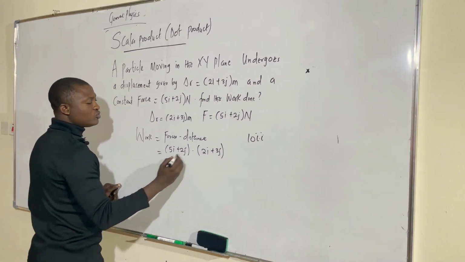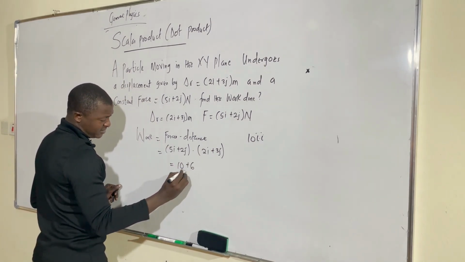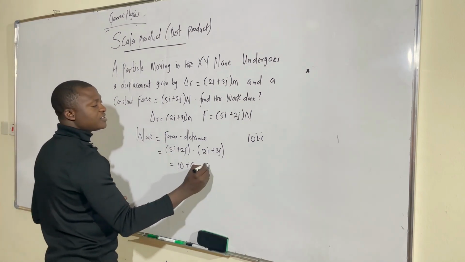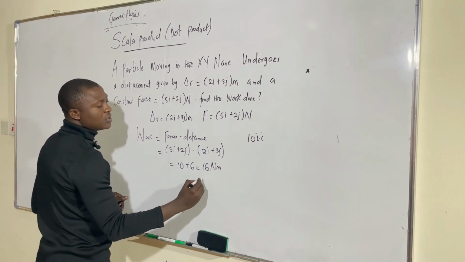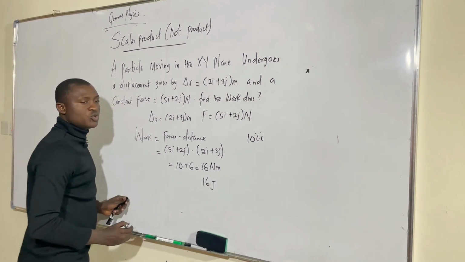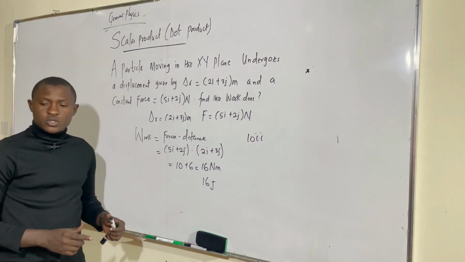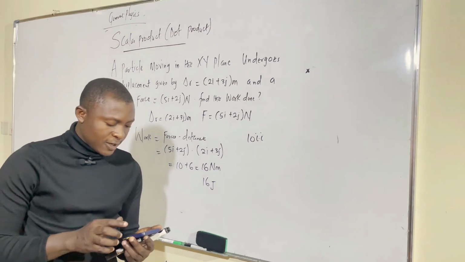So 5 times 2, we are going to have 10. 2 times 3, we are going to have 6. So 10 plus 6, and we have 16. So force is Newton, and the displacement is meter or distance, and this can be written as joule, because the unit of work done is also what? Is also joule.